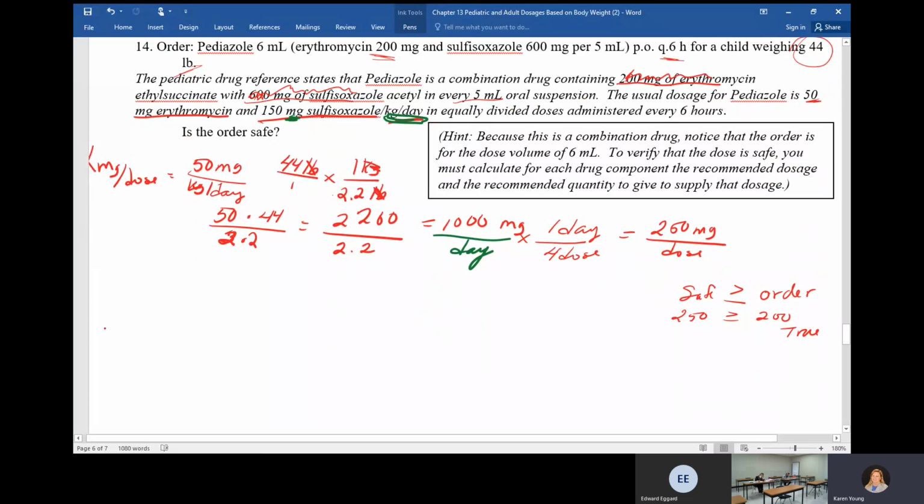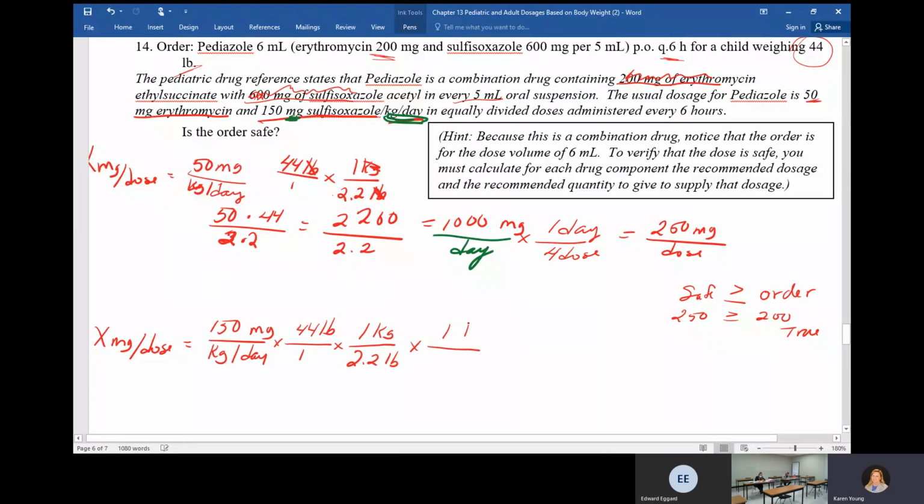And then I still want milligrams per dose. The one that begins with an S, it's 150 milligrams per kilogram per day times the weight, 44 pounds, times my conversion, 1 kilogram, 2.2 pounds.